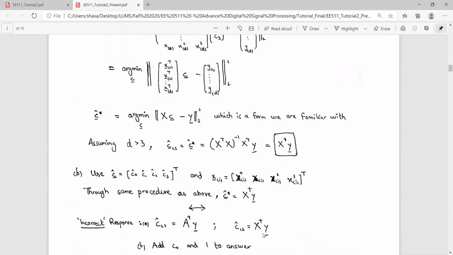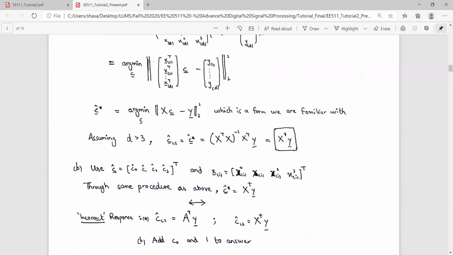When you are asked to show something or derive something, you need to explicitly state what each of your terms is. Unless it is common knowledge for the scope of this course, for example, we don't define the L2 norm once again, you need to explain whatever you are doing.